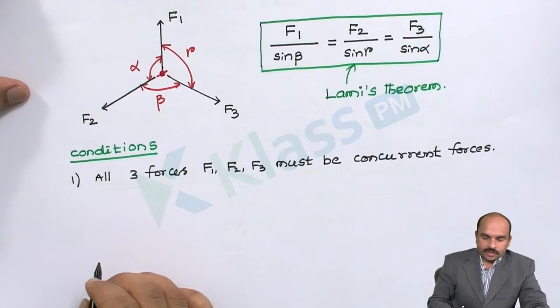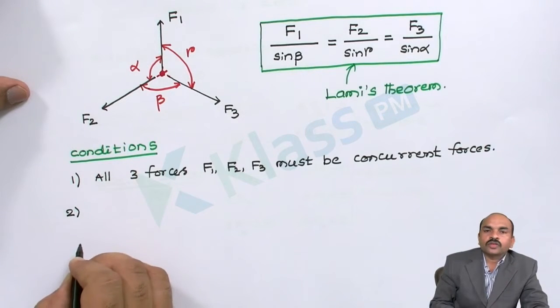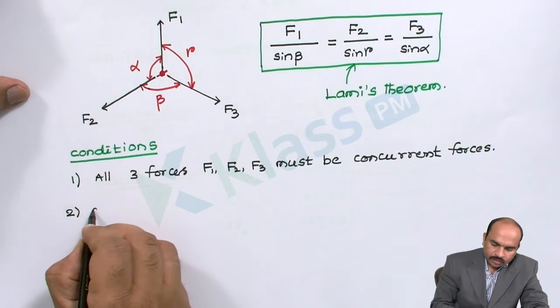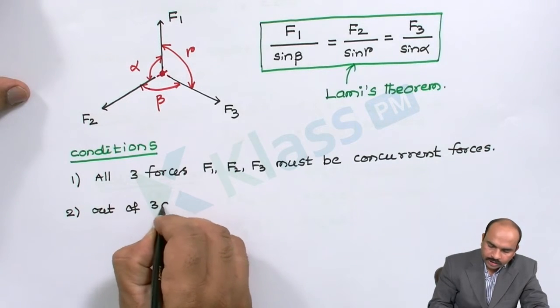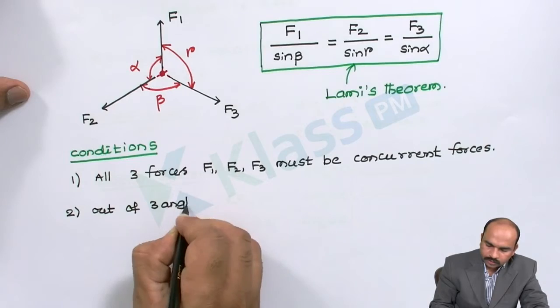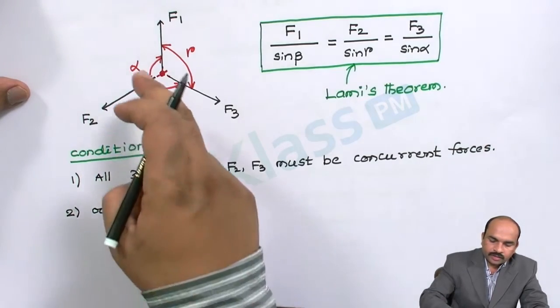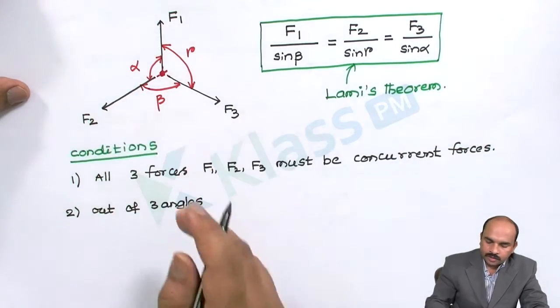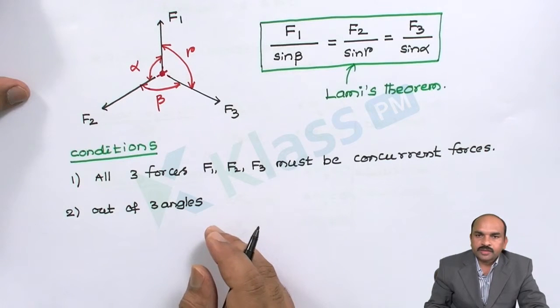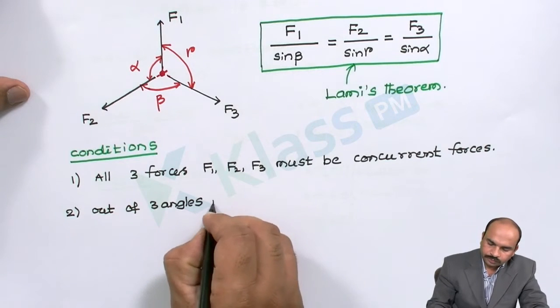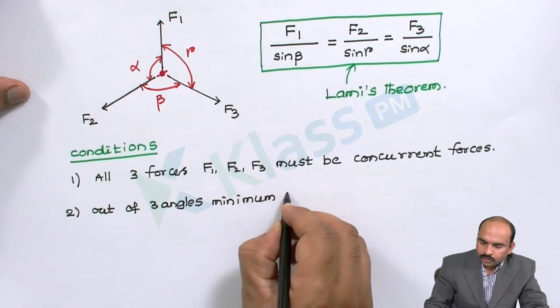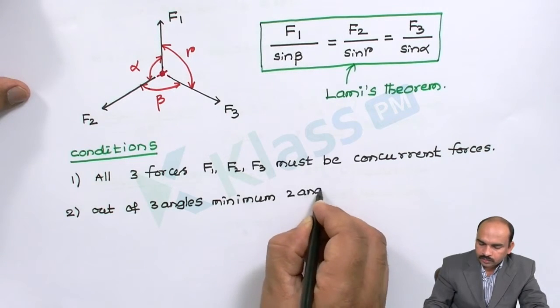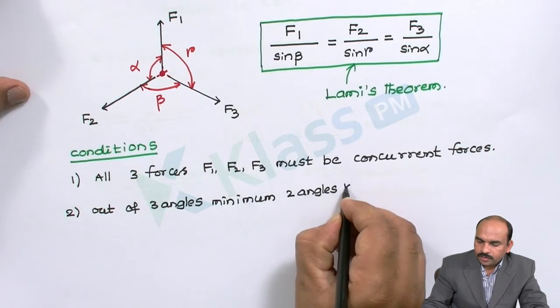Now the second condition is out of 3 angles, that is alpha, beta, gamma, minimum 2 angles must be known.